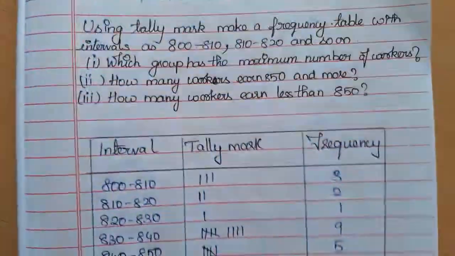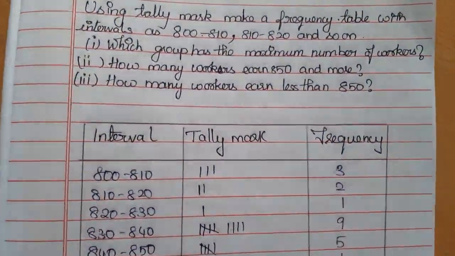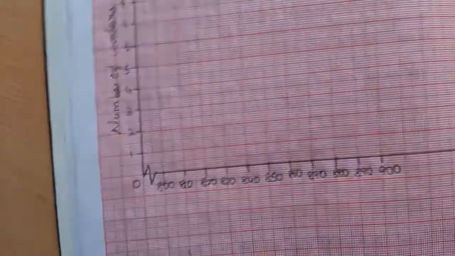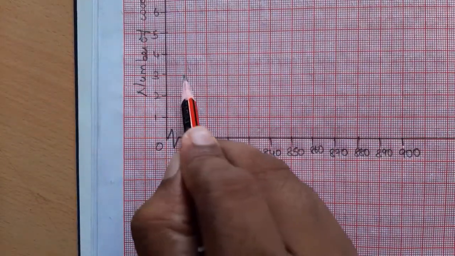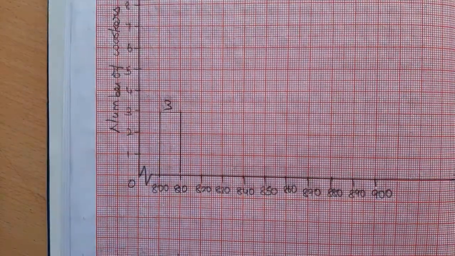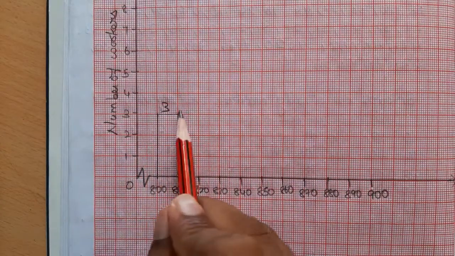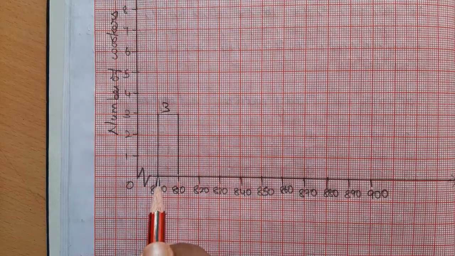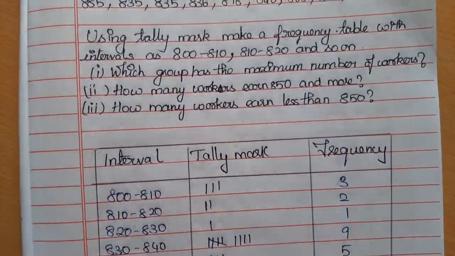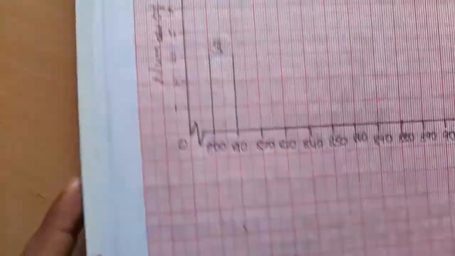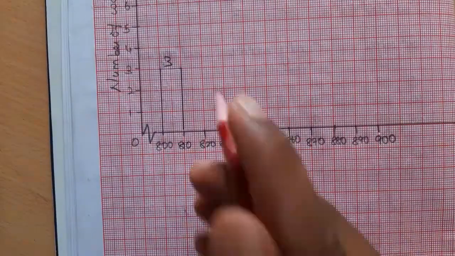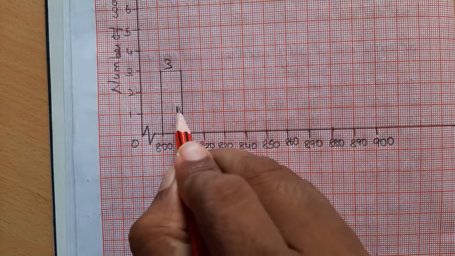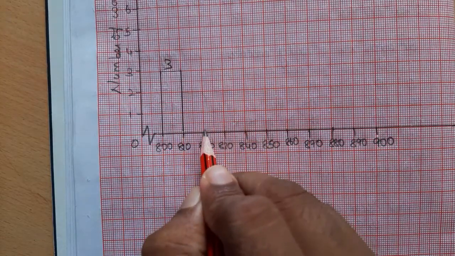Here for 800 to 810 there is a 3, so we have to raise the bar up to the number 3. Now I have raised the bar to 3 for the interval 800 to 810. The next interval is 810 to 820, there is a 2. It is continuous, there is no gap. So I am going to draw a bar here.